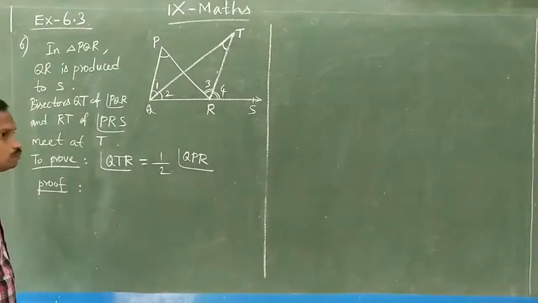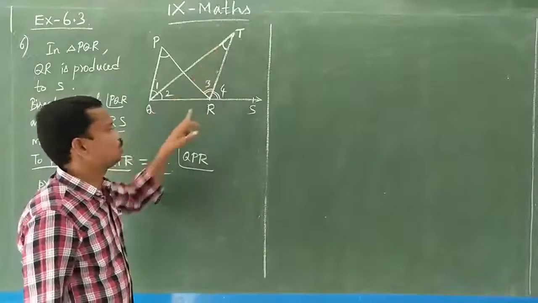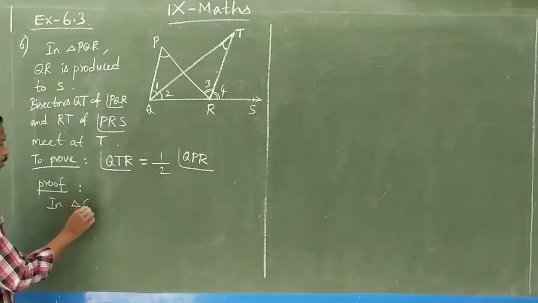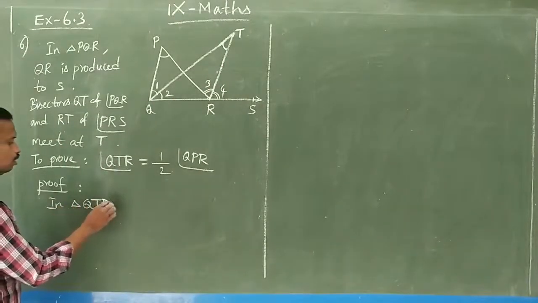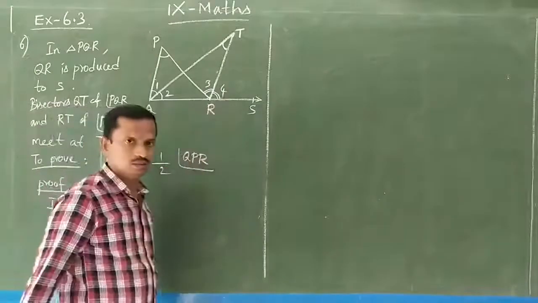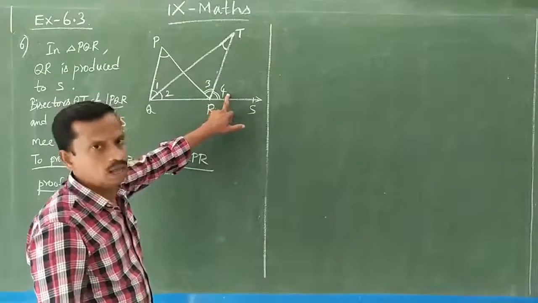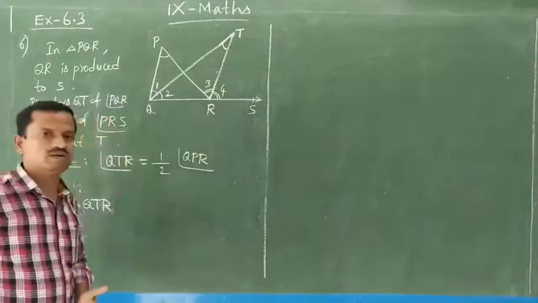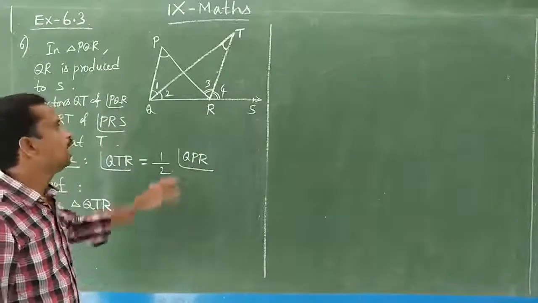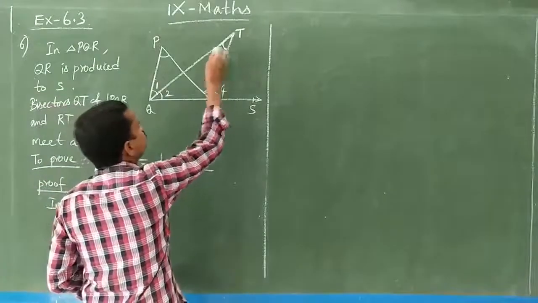So first of all, we take triangle QTR. In triangle QTR, angle 4 is the exterior angle, right? Angle 4 is the exterior angle. So the exterior angle of a triangle is equal to the sum of the two interior opposite angles. Can you say what they are? You can name them. This is 5 and this is 6.